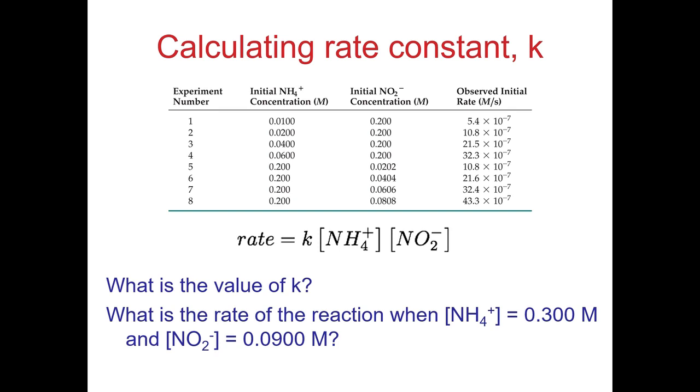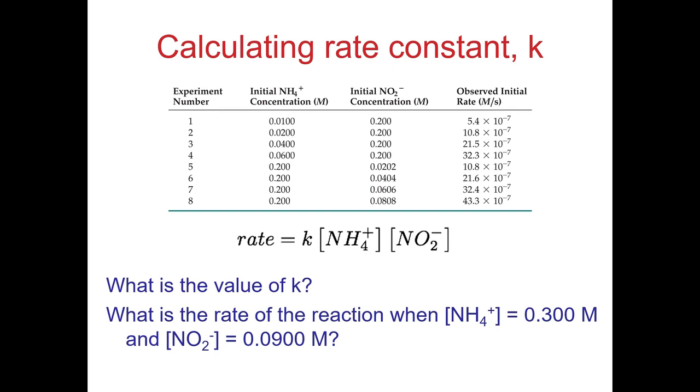We're going to divide by our concentration of NH4 plus and divide by our concentration of NO2 minus for experiment 1. When we do that, we get a K value of 0.00027. Since our overall reaction order is second order, this would be 1 over molarity times S.